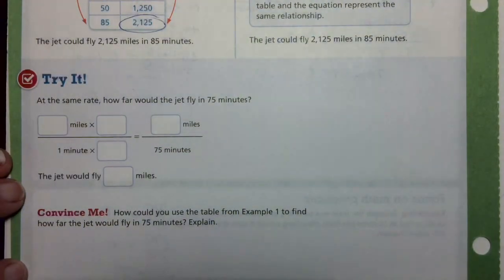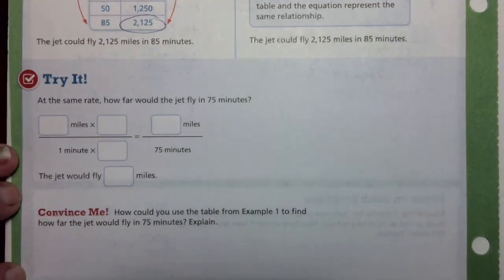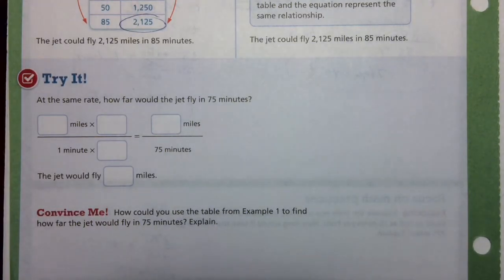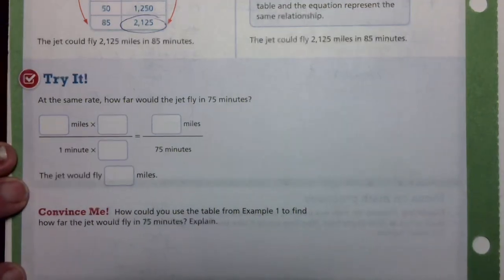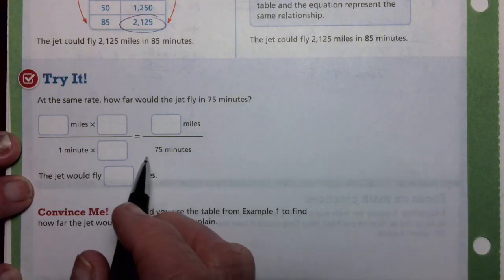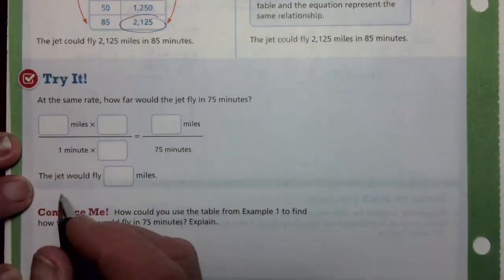How far would the jet fly in 75 minutes? Okay, up here we found out that the rate the jet flies is 25 miles per hour. Okay, how far would it fly in 75 minutes?